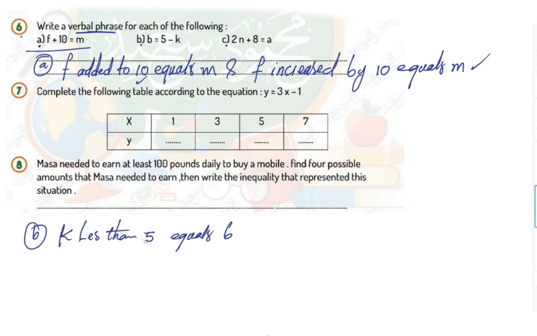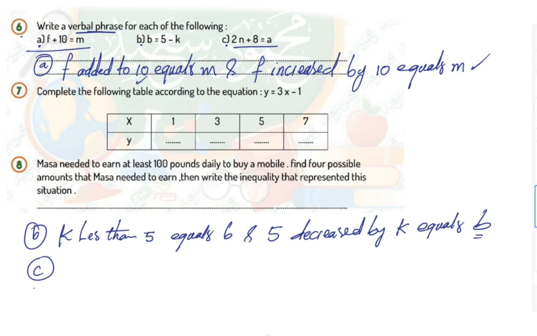That means 5 minus K equals B. Okay. Another way: 5 decreased by K equals B. That's okay.